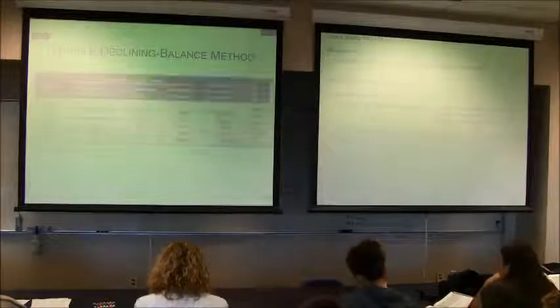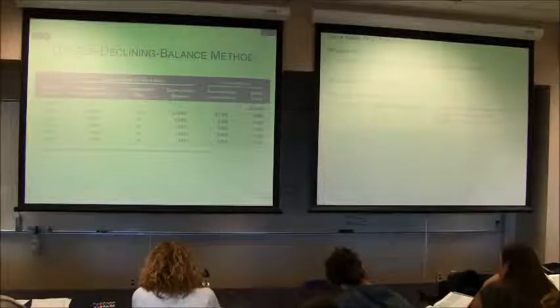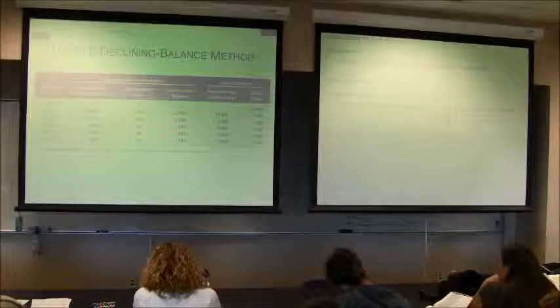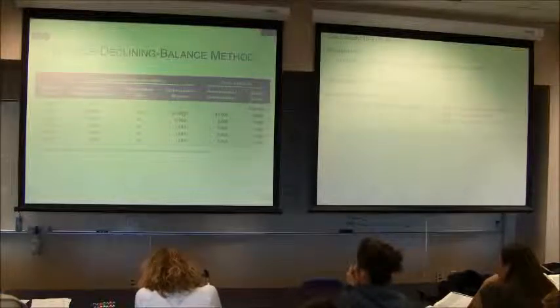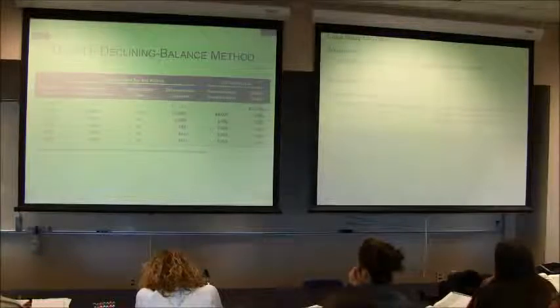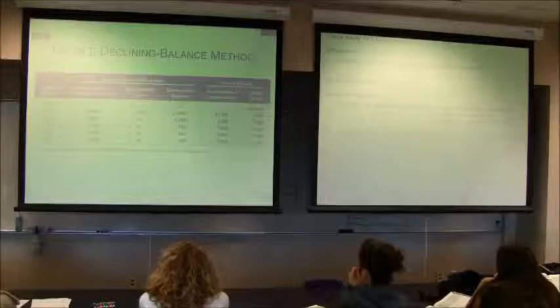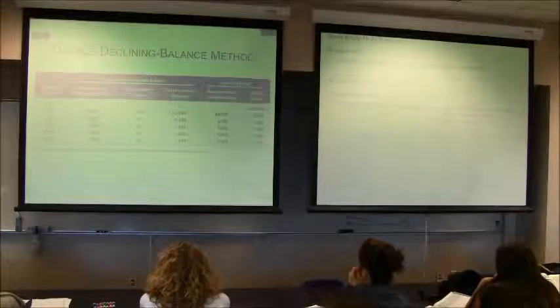Now, if we look at this over time, it would start out at 10,000, 40% of that is 4,000, that's the depreciation expense for year one, that's the accumulated depreciation after year one, and the book value at the end of year one is 6,000, right? So it's 6,000 at the end of year one becomes 6,000 at the beginning of year two.